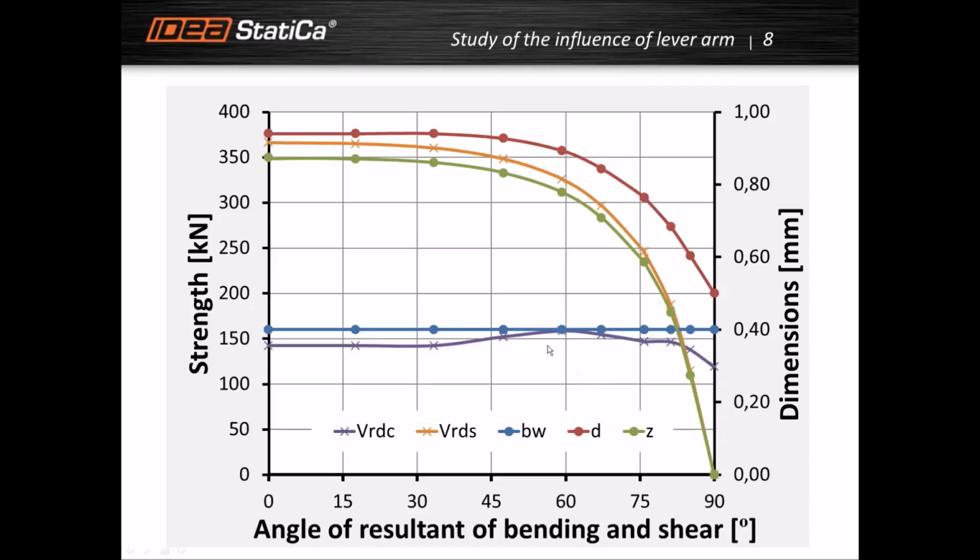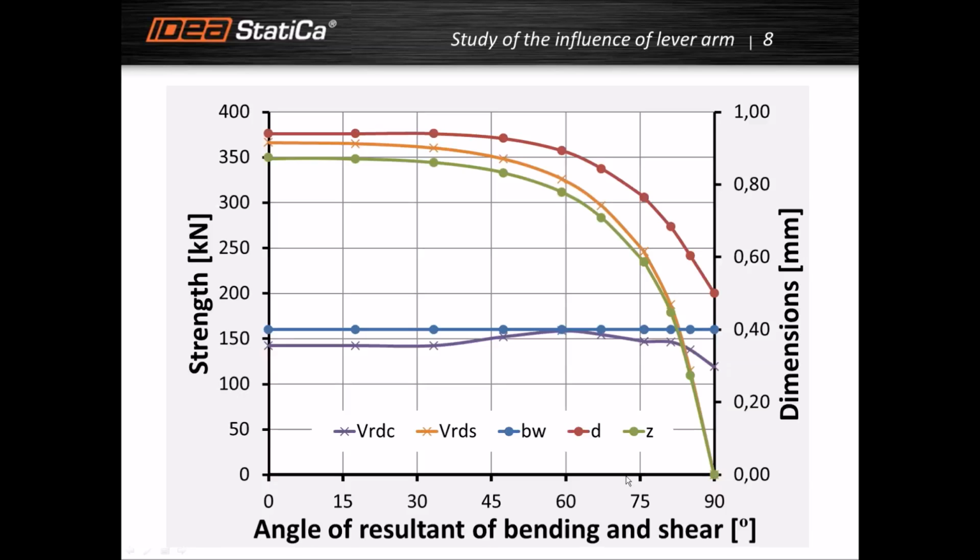And these are the results of the study. You can see this VRds curve, and it decreases the strength in kilonewtons when we increase the angle between these two resultants.